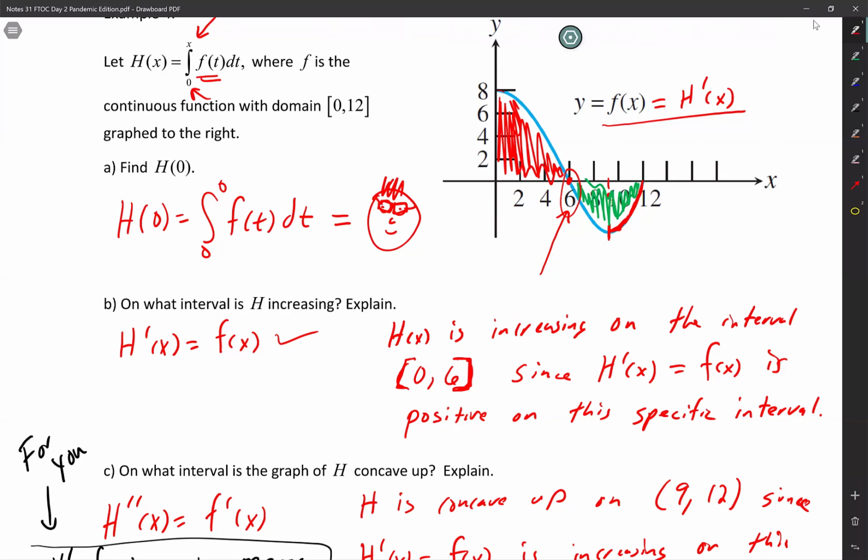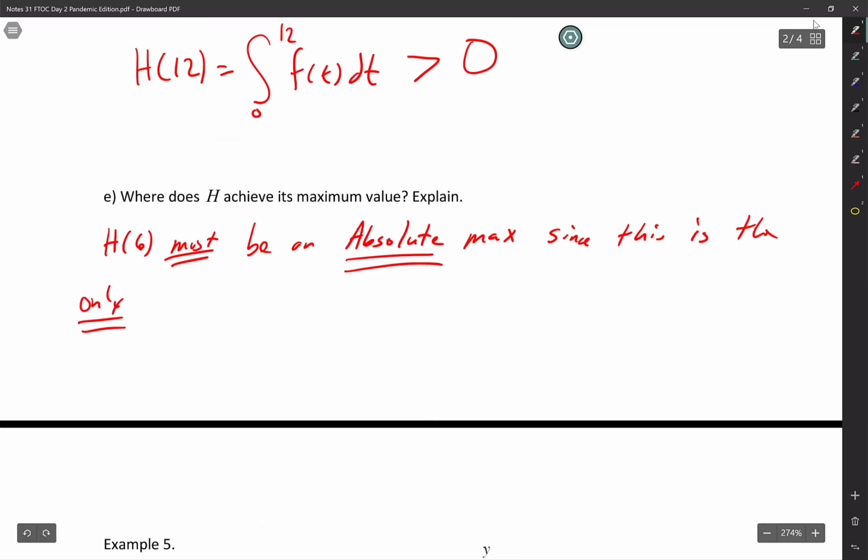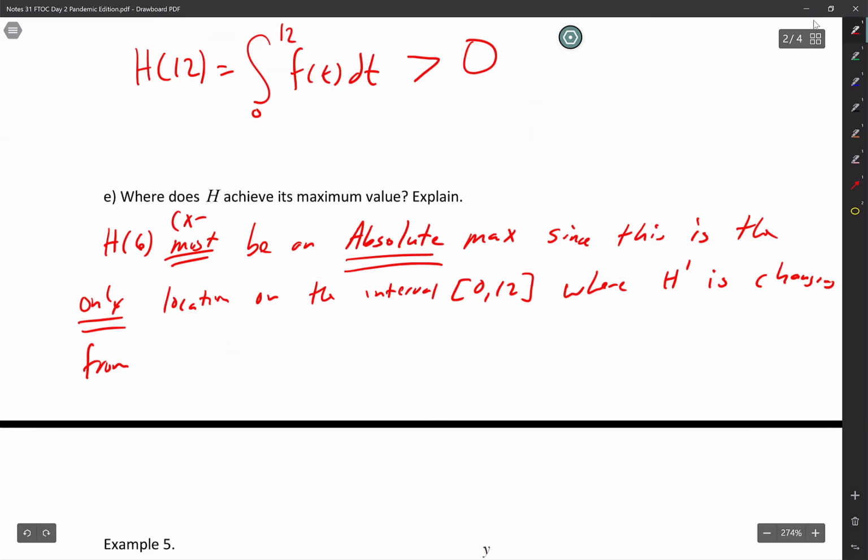Does that make sense? So I'm going to write h of 6 must be an absolute max, and I 100% know it's an absolute max since this is the only location on the interval 0 to 12 where h prime is changing from positive to negative at x equals 6.